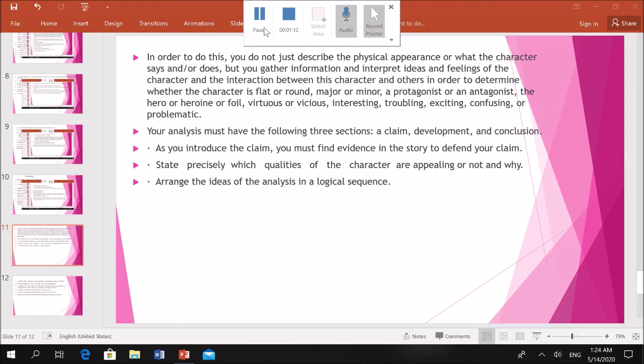Your analysis must have the following three sections: claim, development, and conclusion. طبعا وأنا باجي أحلل شخصية أو أكتب عن شخصية لازم يبقى عندي 3 حاجات، عندي claim وعندي development وعندي conclusion.